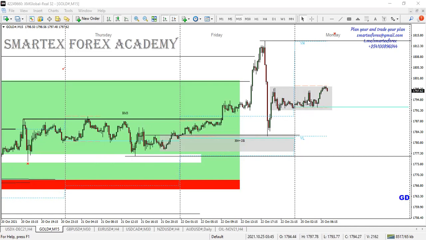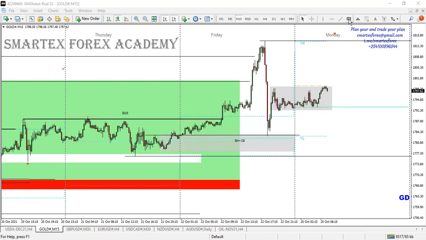We have a consolidation here, and we need to see a breakout of this one. We need to see an expansion. It's either we expand up or down. But at least for me, I'm expecting, because it is on Monday, I expect an expansion down since we are bullish biased. So we expect a breakout down before we resume the uptrend.